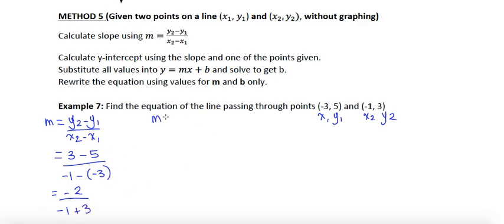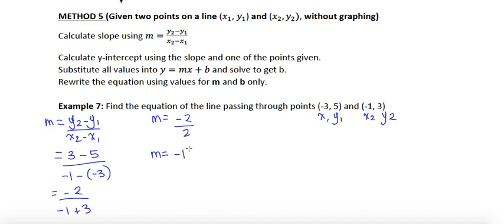So I have negative 2 over, and negative 1 plus 2 is positive 2. And now I'm going to simplify this fraction, so write this in lowest terms. So negative 2 over 2, or negative 2 divided by 2, gives us negative 1.